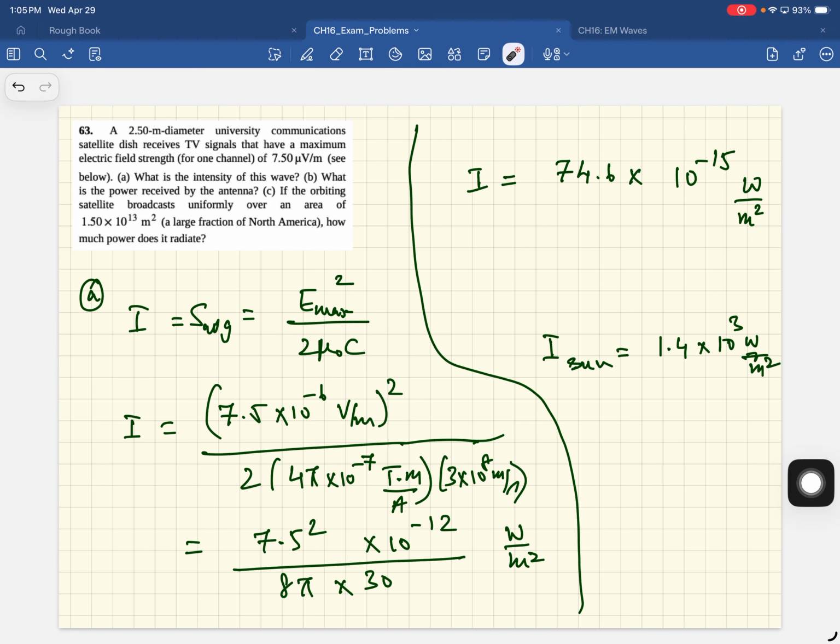So the intensity of the beam reaching the satellite dish is 10 to the power 18 times weaker, and we catch that signal and amplify it. The intensity of sunlight is quite large.